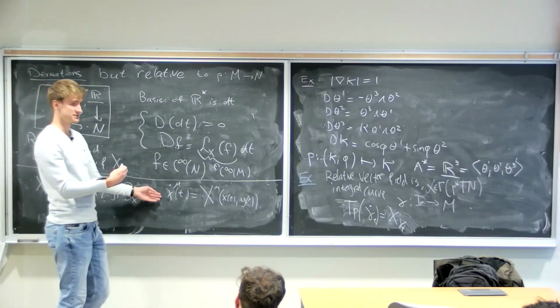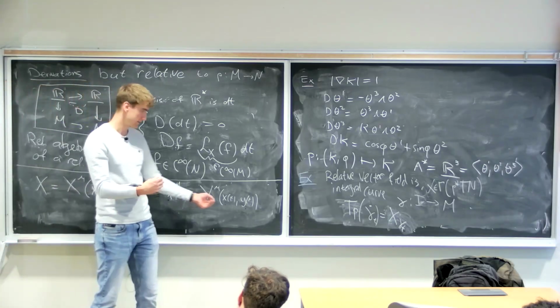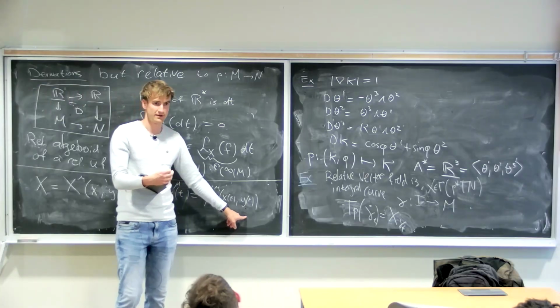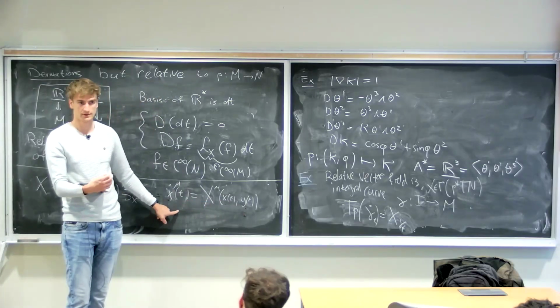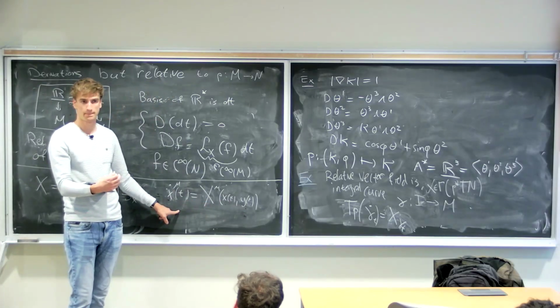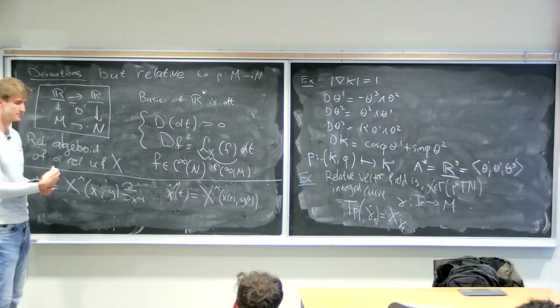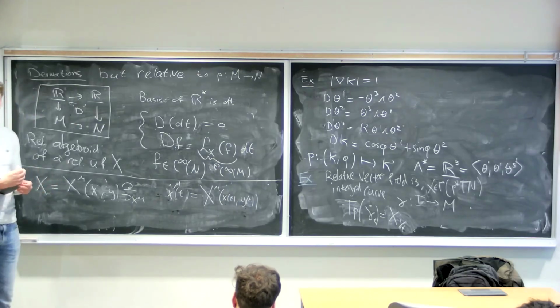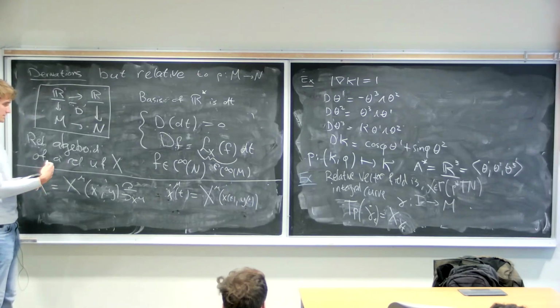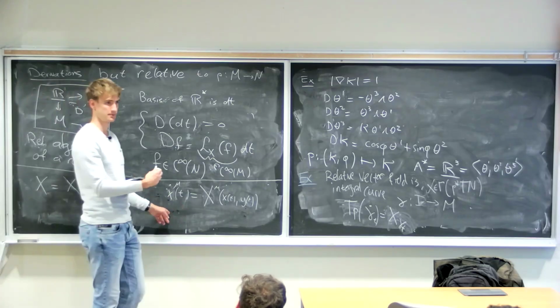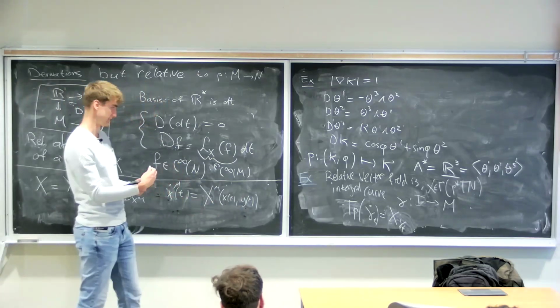Actually, if you want to solve the system, you can freely choose your y, and then it is locally a solution. So there are many integral curves for the same point.